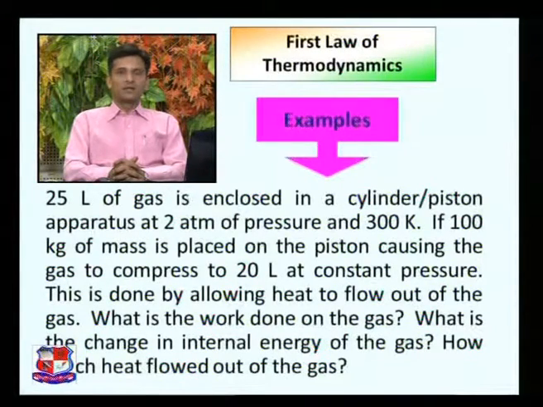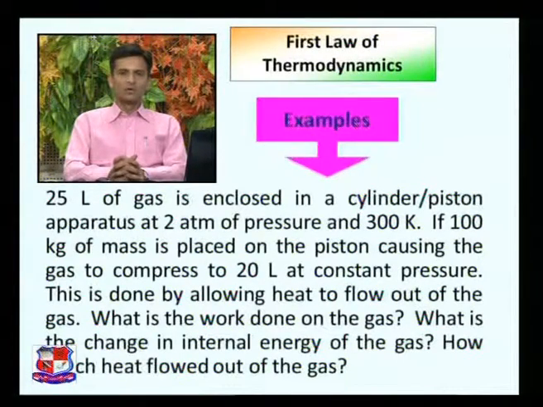See here the volume of gas is 25 liter, and by employing external pressure or external agent, its volume is reduced to 20 liters. So 5 liter volume is reduced, and this is done by allowing heat to flow out of the gas.